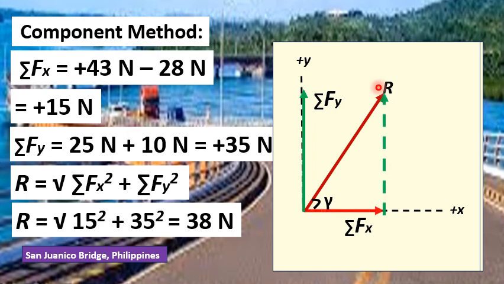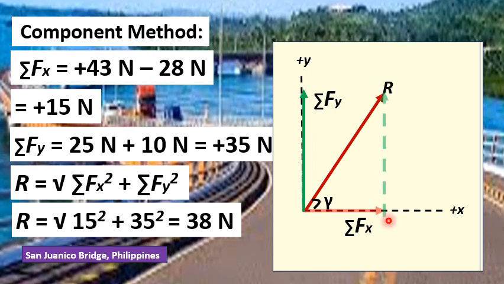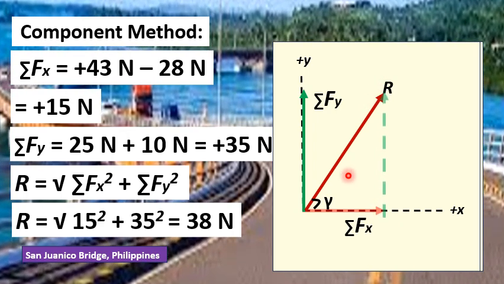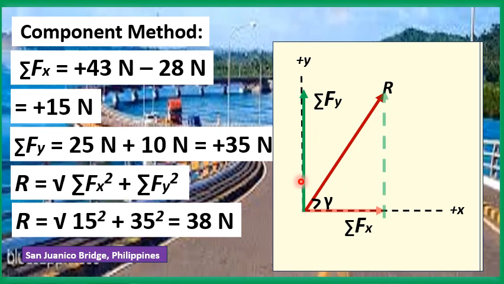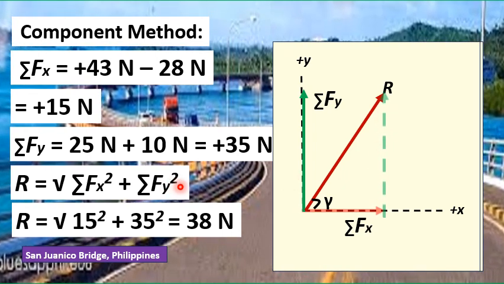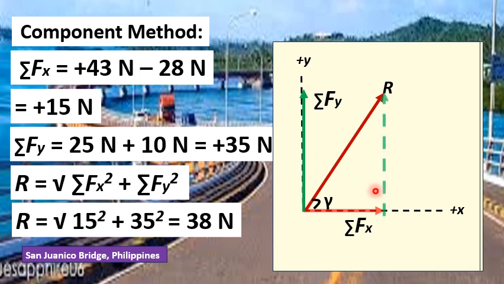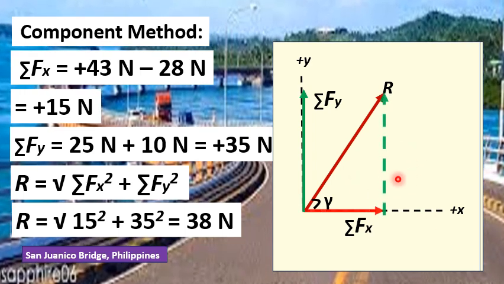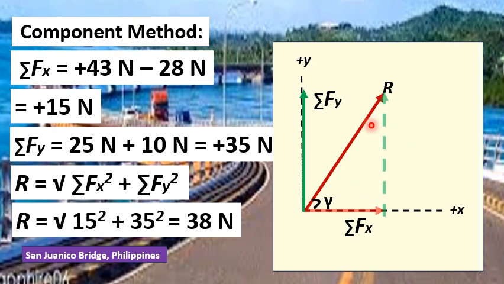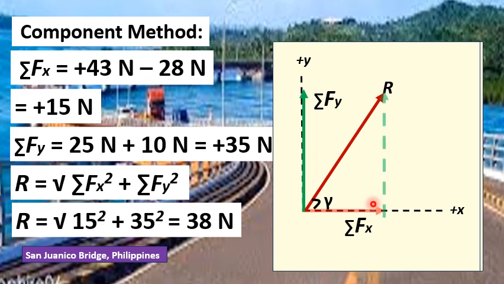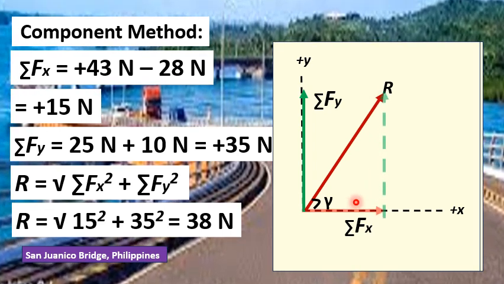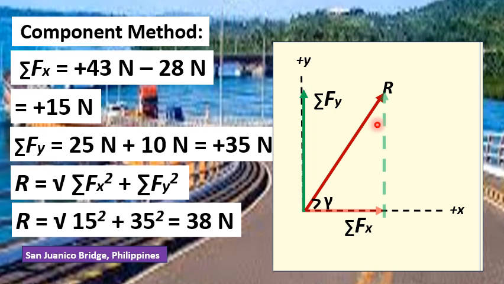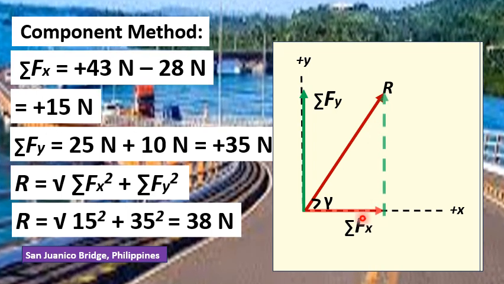So the right triangle is the reason why we were able to apply the Pythagorean formula in determining the magnitude of the resultant force, big R. And we can also use the definition of tangent of the angle gamma.